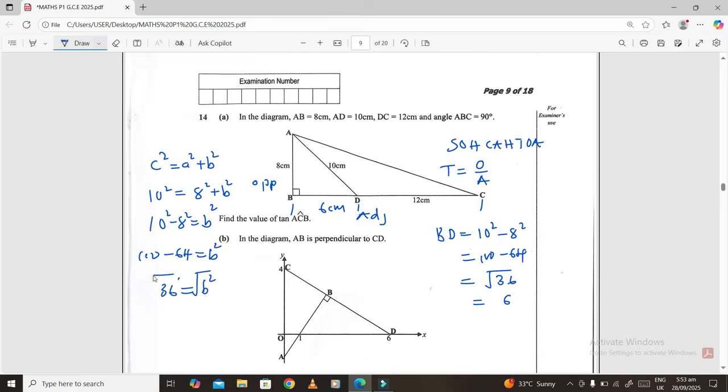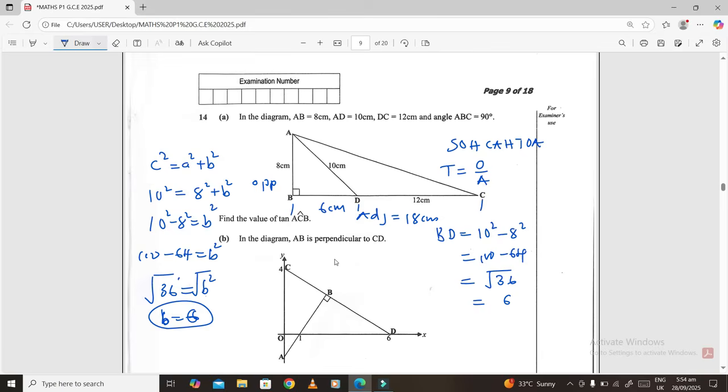Get rid of the power 2. So B will be equal to 6. This is what I did to get this. So now we know that our adjacent is 18 centimeters, from here to here. I just added 6 plus 12, it gave me 18.